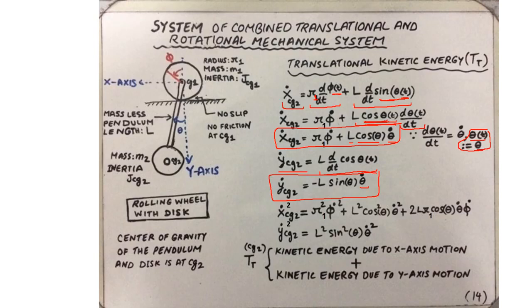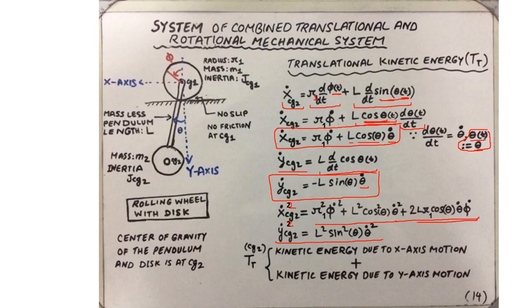Then if we square the terms, x dot CG2 squared, and this is y dot CG2 squared. When you open the square, you get r1 square phi dot square plus L square cosine square theta, theta dot square, plus 2 L r1 cosine theta, theta dot phi dot. Likewise, y dot CG2 square is simply L square sine square theta times theta dot square.